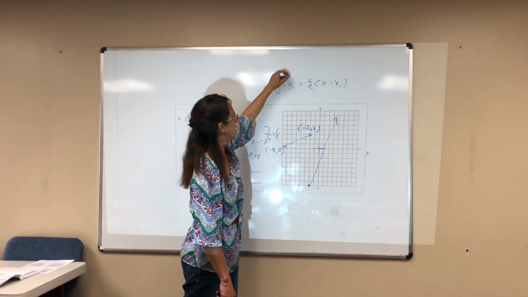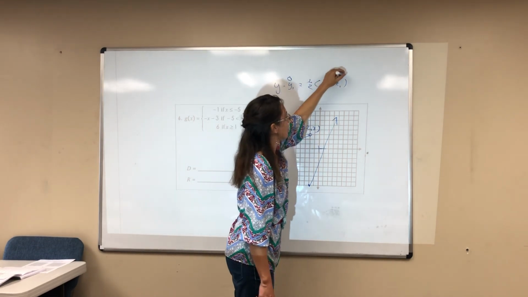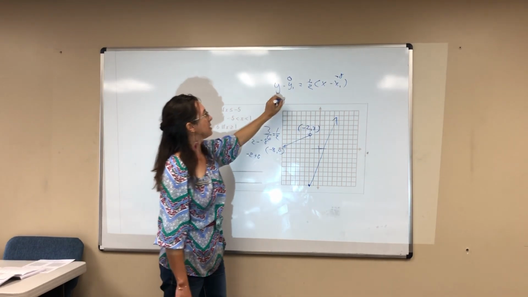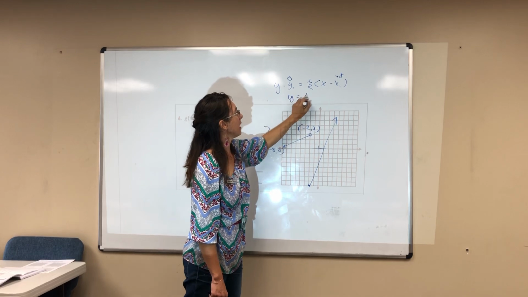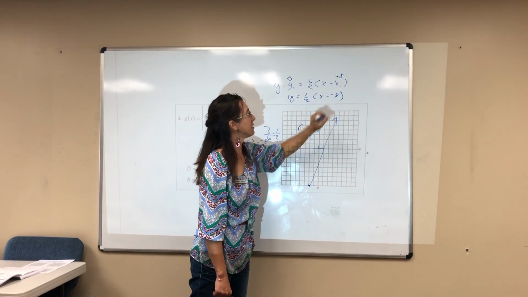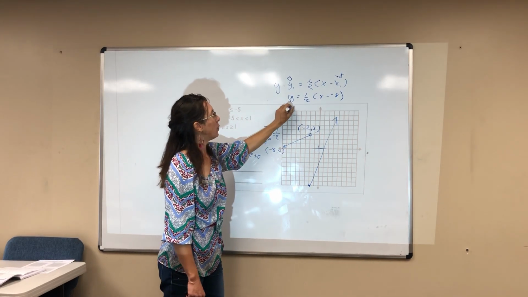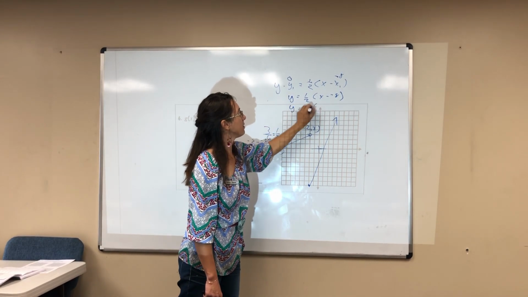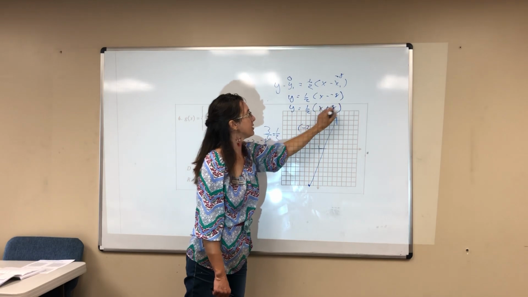So I'm going to plug in 0 for y and -8 for x1. Y is equal to 1/2 times x minus -8, so y is equal to 1/2 times x plus 8.